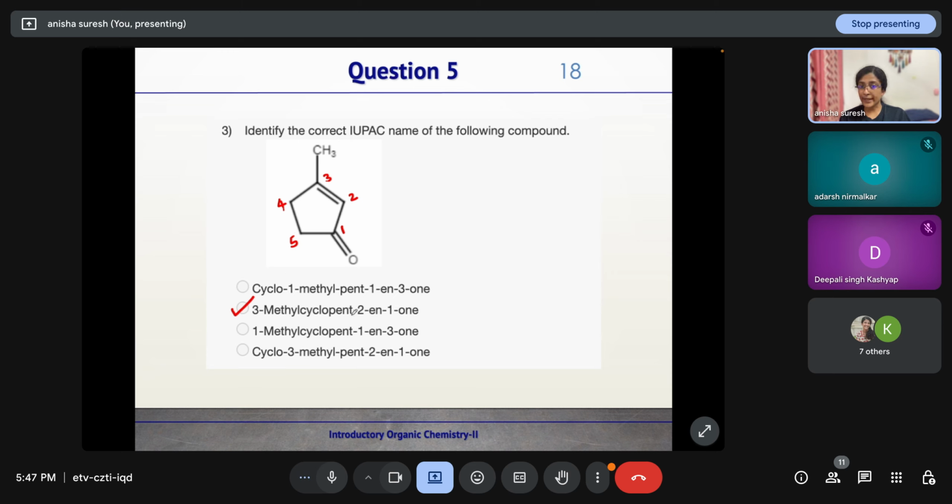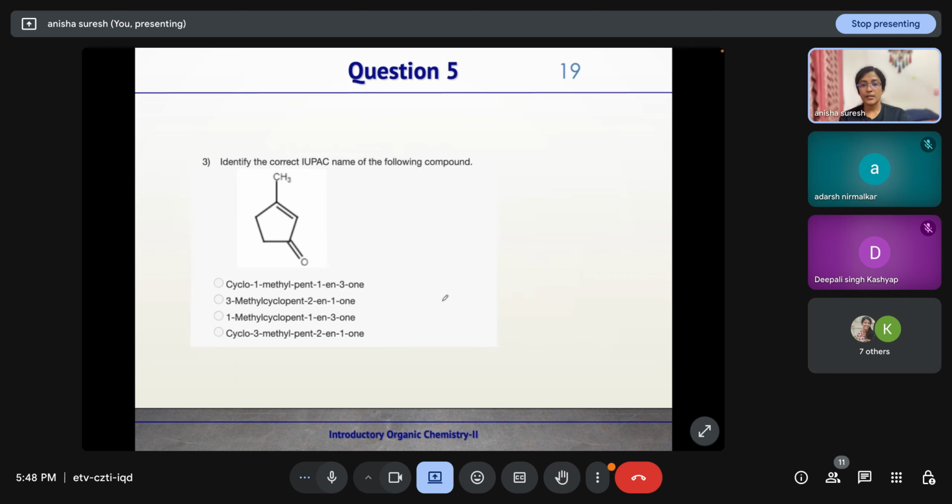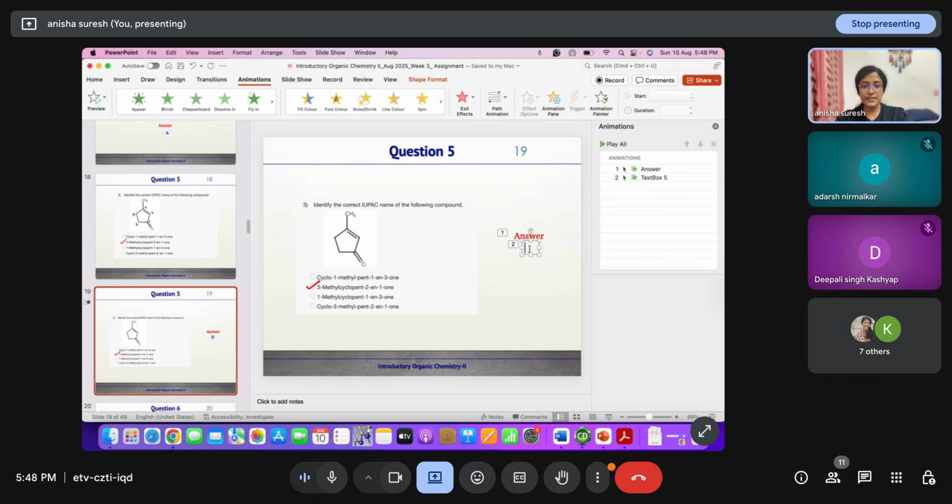So cyclopent, at the 2 position alkene is the 2-ene, and at 1 position this ketone is coming, so 1-one. So the correct answer is option B.